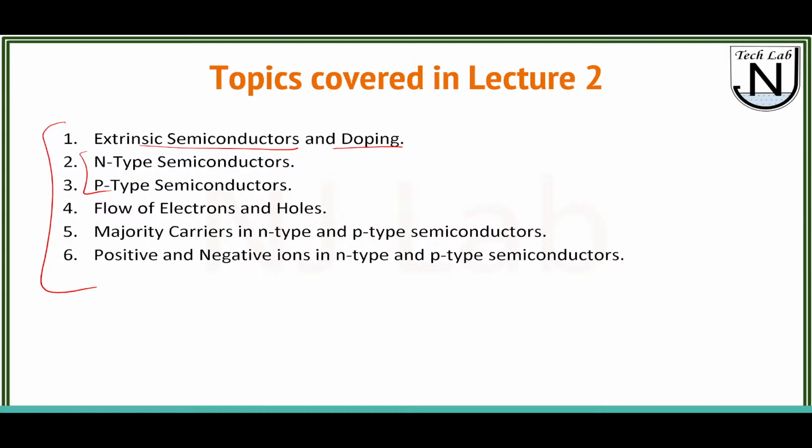Thereafter we are going to discuss how the different charge carriers generated in these two types flow within the complete crystal, what the majority carriers present in N type as well as P type are, and what the positive and negative ions present in N type and P type are. So we are going to dissect the extrinsic semiconductor material today.